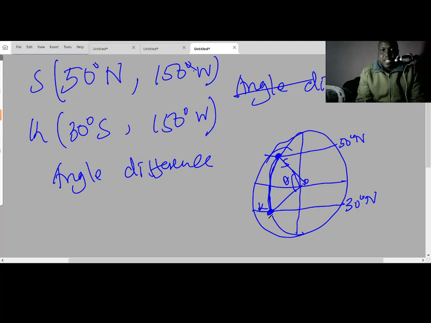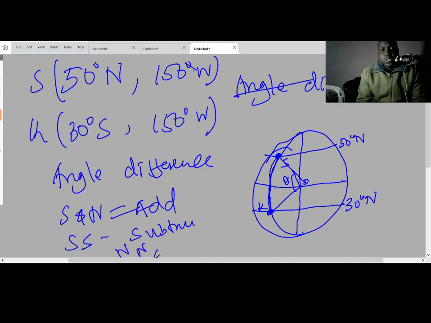So for the angle difference, we come from 30 to 0, from 0 to 50. When we have south and north, different hemispheres, you add. It is like for west and east. South, south, subtract.